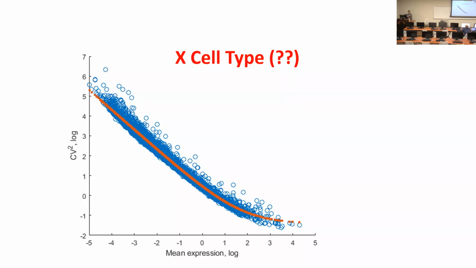Basically, every gene is expressed homogeneously across cells. So what is this cell type? Can anyone tell me? Nobody heard about this story? I presented this somewhere already.